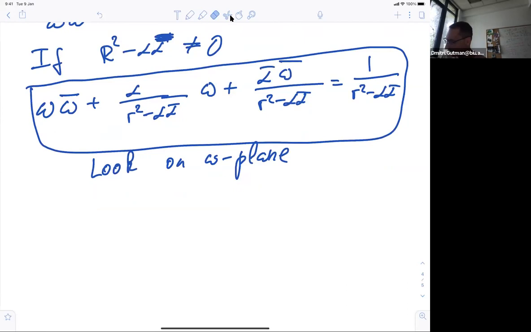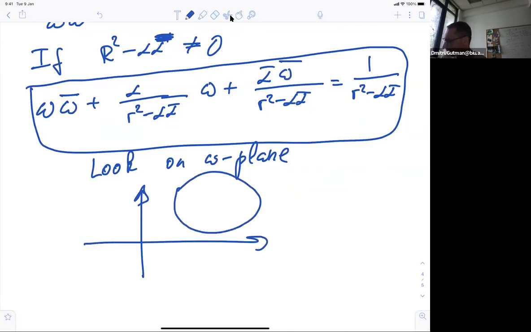So it means that on the W plane, after the Möbius transformation, this circle also looks like a circle.